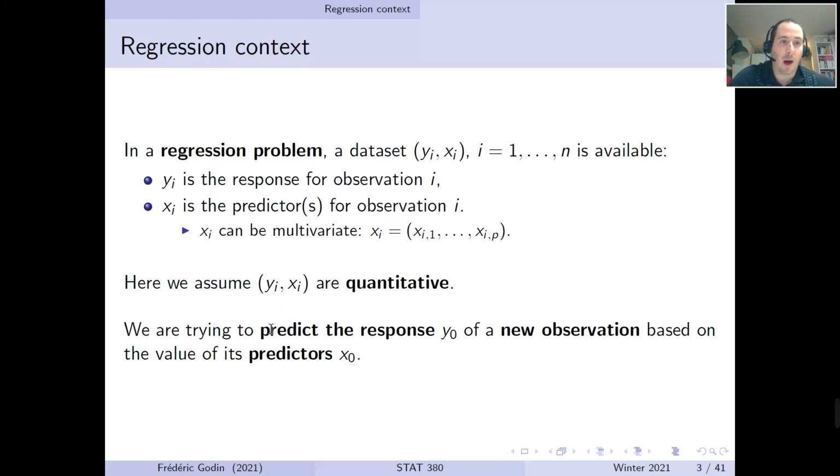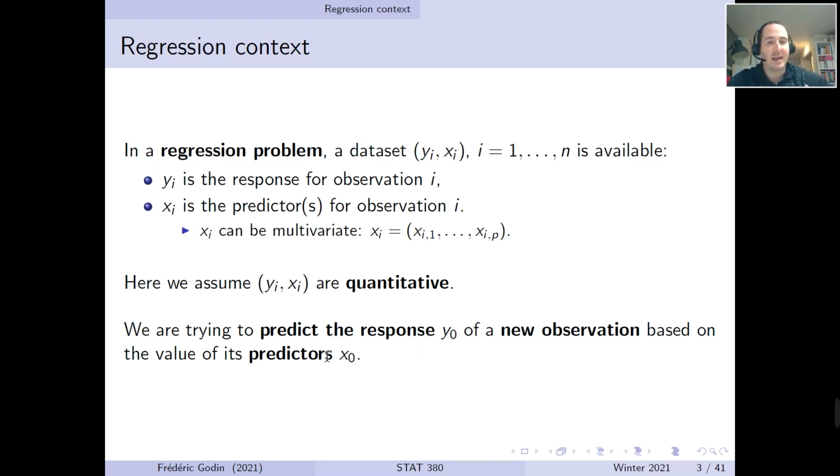So our regression problem will be to try to predict the response y0 of a new observation not in the original data set based on the value of its predictors x0.